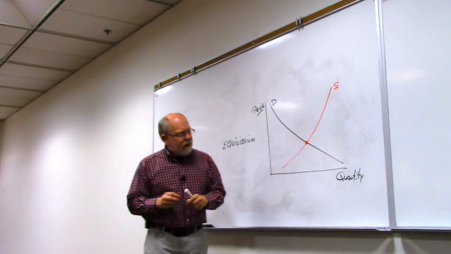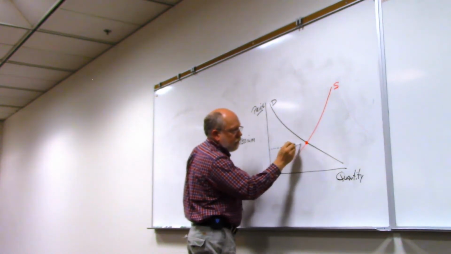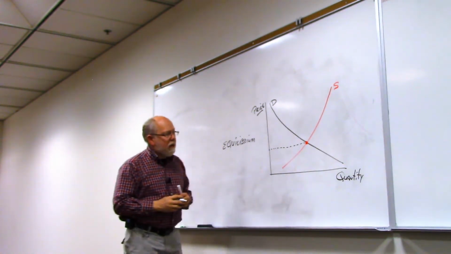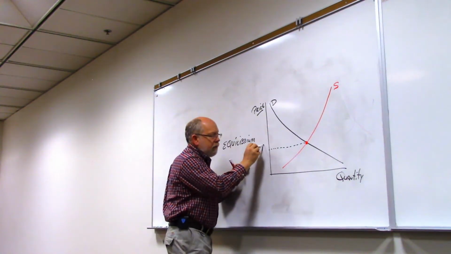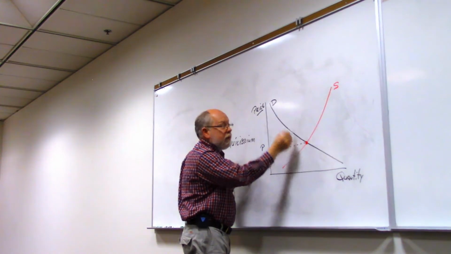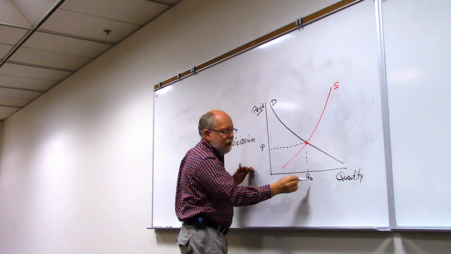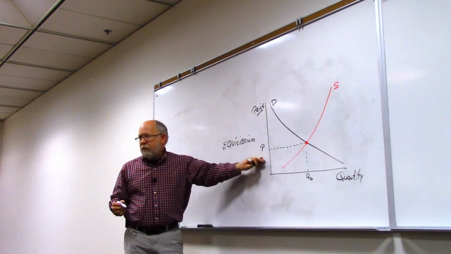Well, it's saying that there is some price level that when we come in here, we come in at this price, we hit the demand curve, this D, demand curve, we come straight down and we get a quantity demanded at that price.